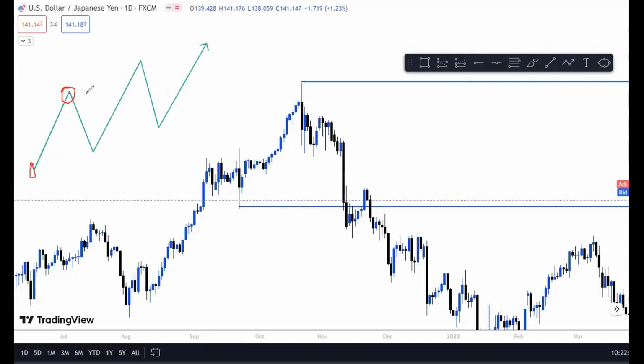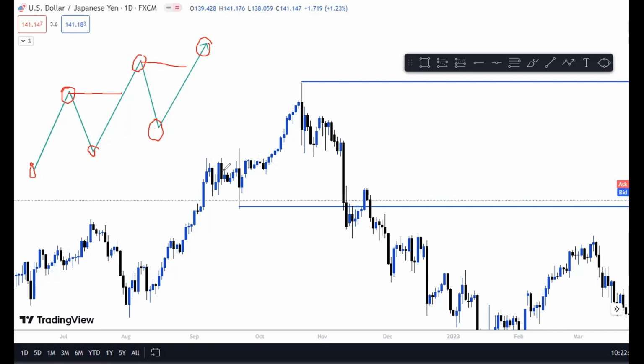When this got broken to the upside, we call this one a higher high. It's a higher high of this one. Then this one becomes a higher low of this one. This one got broken again. This becomes a higher high, and this one becomes a higher low.